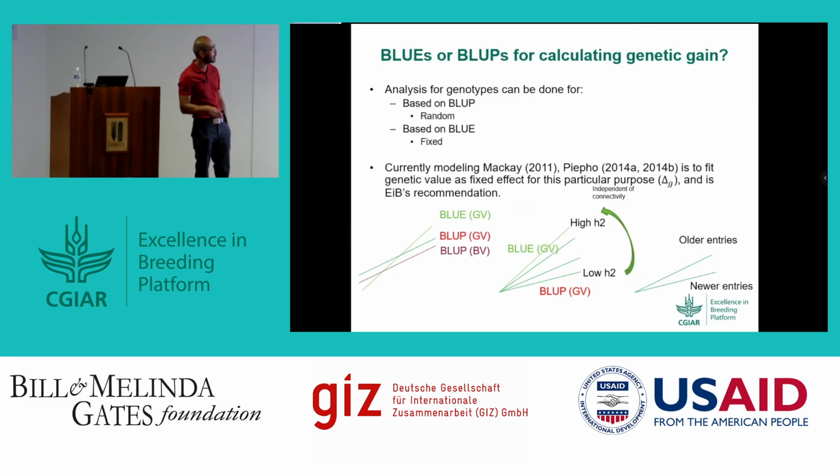Okay, so that was how we got to the recommendation for calculating genetic gain: use BLUEs. That was the recommendation at the moment. It doesn't mean that we are not going to make some improvements.